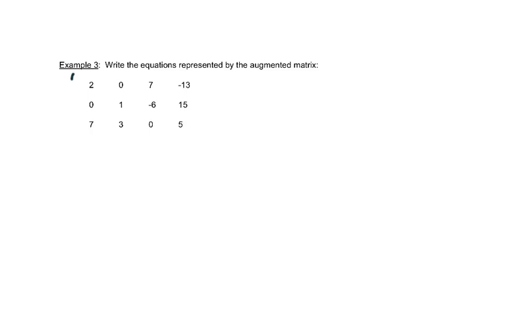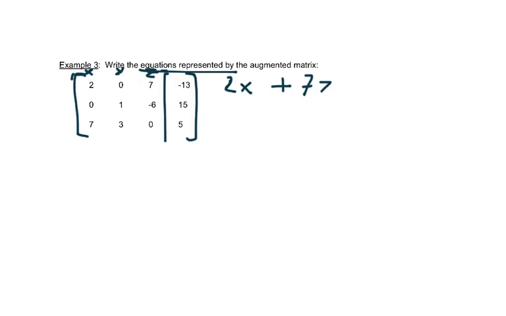So this matrix, I couldn't get it to type up nicely, but this has got the brackets on the end and the line right here. And we want to write the equations that are represented by this. So remember, the first column is x's and then y's and then z's, and then this vertical line is the equal sign. So the first line would be 2x. You can write plus 0y, but the 0 means there isn't a y, so usually we would just write plus 7z equals negative 13.